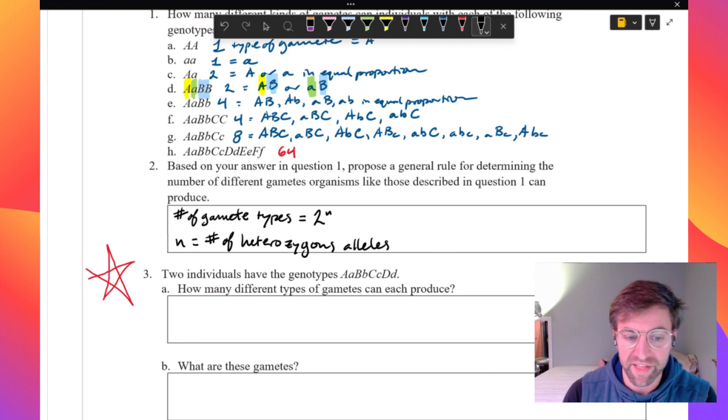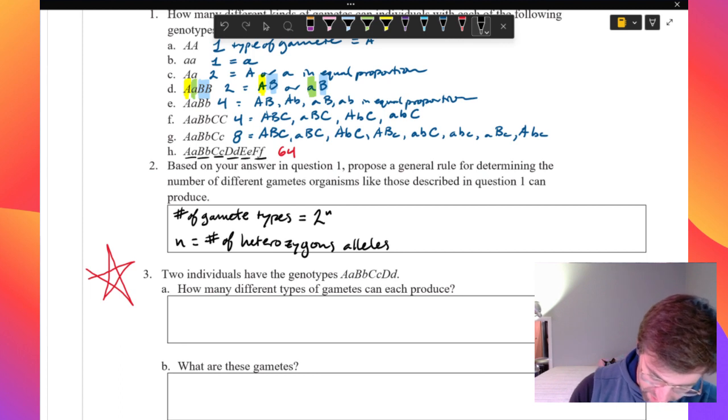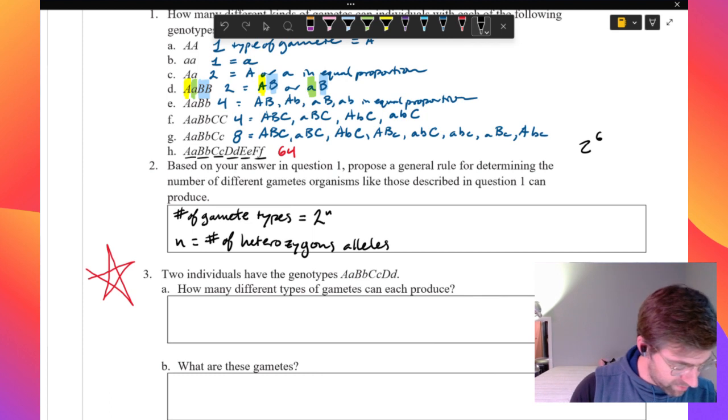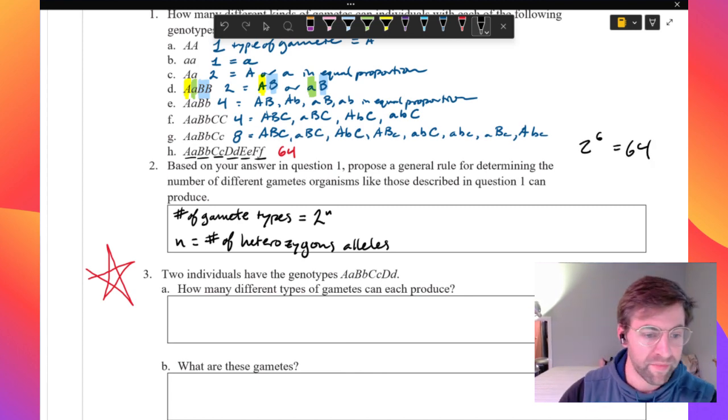And here the assumption is that the different genes are on separate pairs of homologous chromosomes. And so for this example H, we had 1, 2, 3, 4, 5, 6, 2 to the 6th power is 64, which means I need to update my answer key.